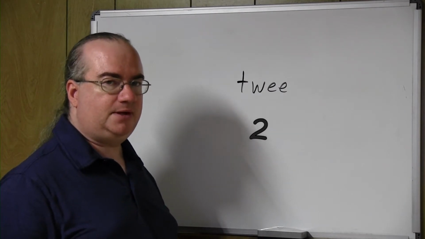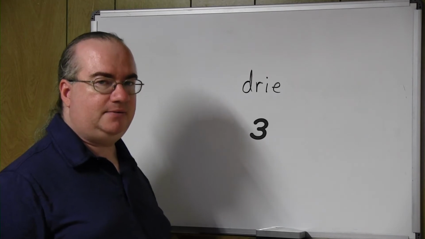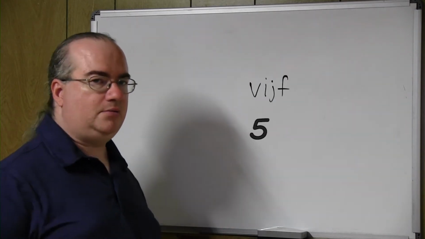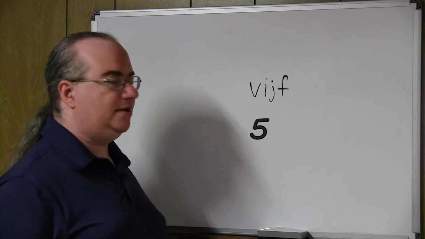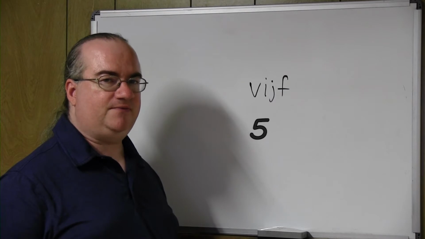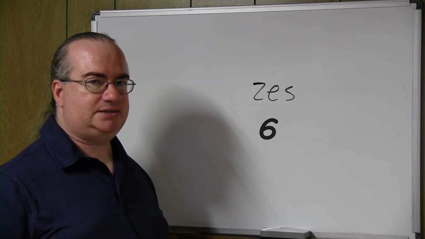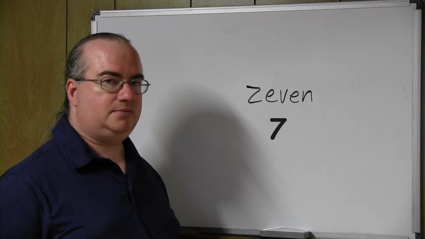Twee, twee, drie, drie, vier, vier. Remember how the IJ is pronounced? A. So this is vijf, vijf, zes, zes, zeven, zeven.